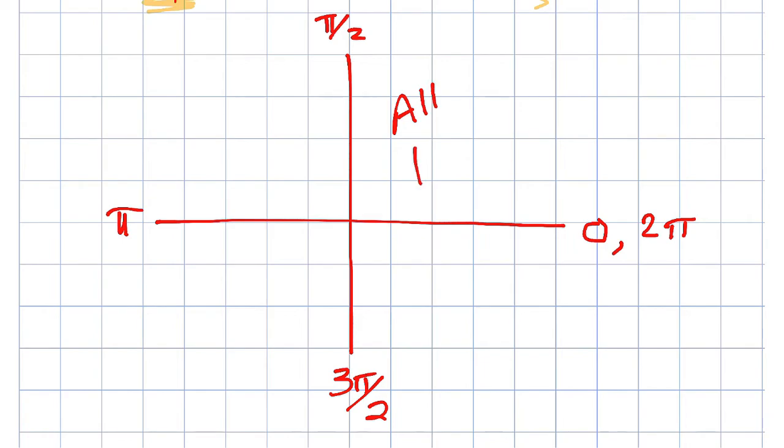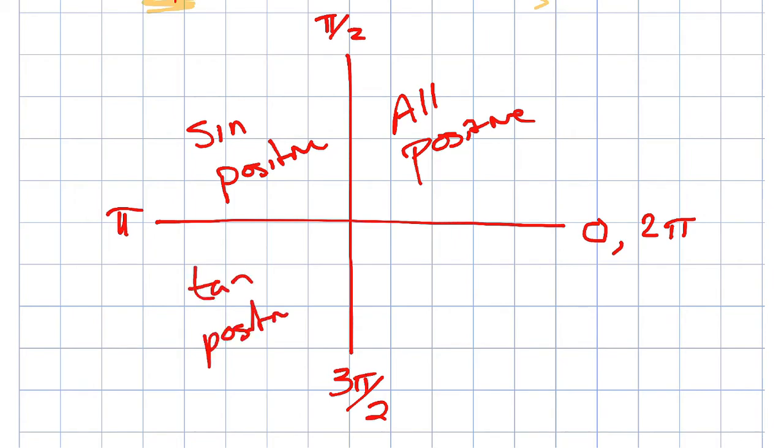Everything is positive here. Sine is positive here, and everything else is negative. Tangent is positive here, and everything else is negative. Of course, the reciprocal ones: the cotangent would be positive where tangent's positive, the cosecant is positive where sine's positive, and the cosine is positive here, along with the secant. So you've got to figure out where these things are, and if you can do that, you're going to be in good shape.